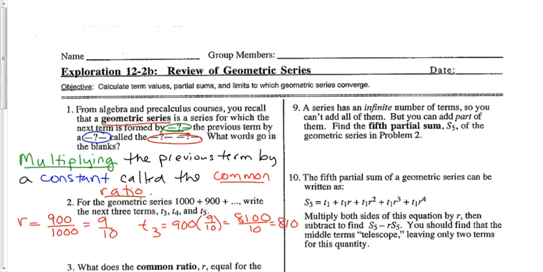So then term 4 is, again, take that number, multiply it by 9 over 10, and that comes out to be 729. And term 5, we take that number, 729, and we're going to multiply it by 9 over 10, and we're starting to get our decimals now, 656.1. So again, we just multiply by the common ratio to get each of the terms.